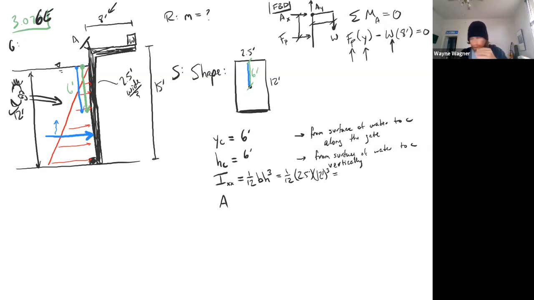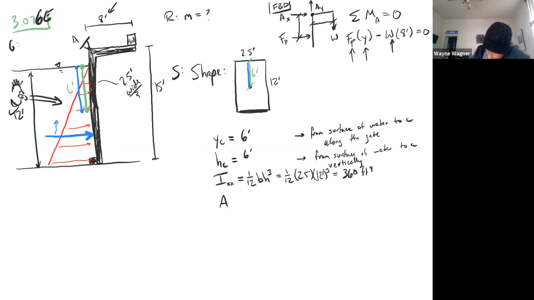I'll need a calculator for that. I can't do that in my head. 2.5 times 12 cubed, divided by 12. We get 360, and that's feet to the 4th.